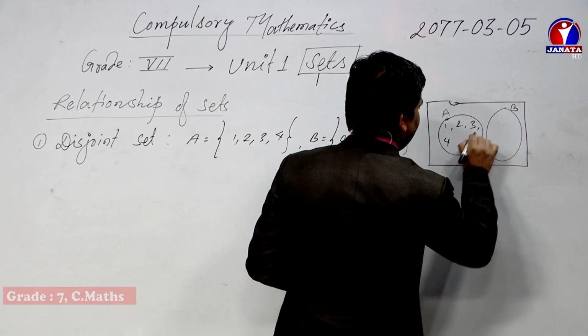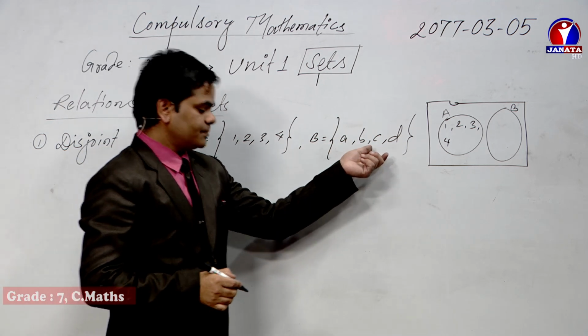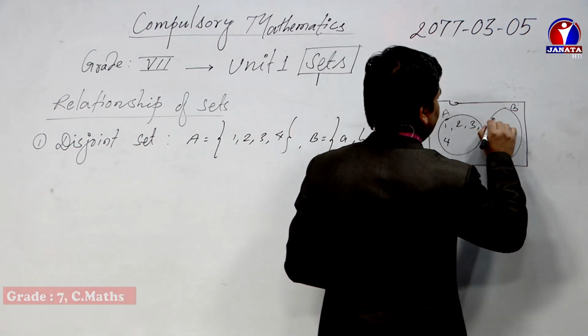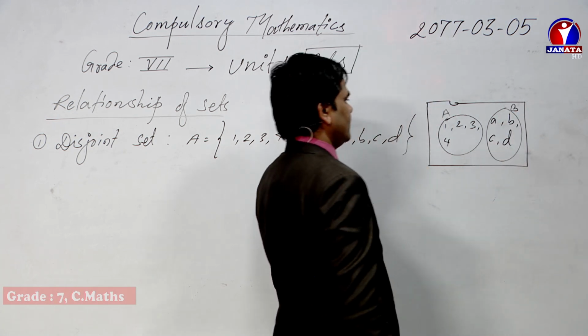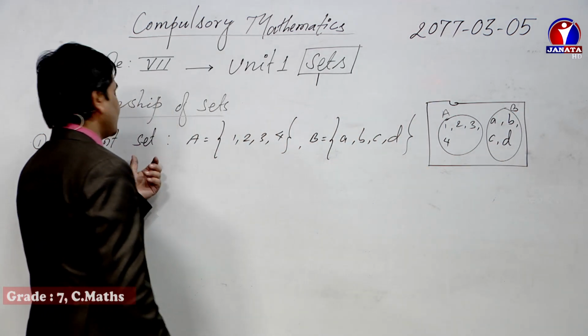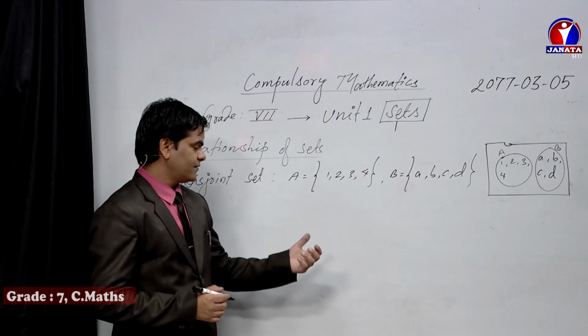We need to give a comma after each element, and then let's keep the elements of set B similarly, A, B, C and D. This is the way of representing the information through disjoint sets.